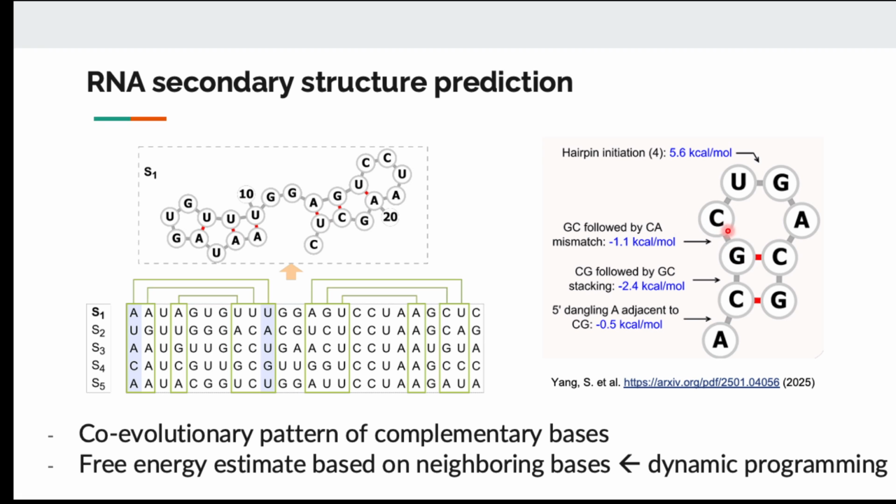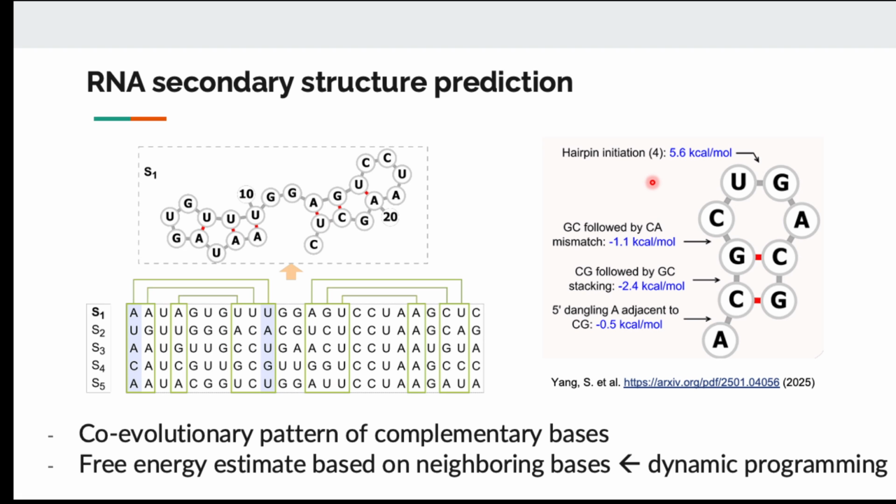And if you have a GC pairing followed by C and A that are not paired, this energy is about minus 1.1. It's a base pair, so the energy is negative, it's stable, versus the loops that are not stable. So people have to estimate all these energies, and then they try to identify possible base pairings so that when you sum the energy for the whole structure, this value summed together would be the smallest.